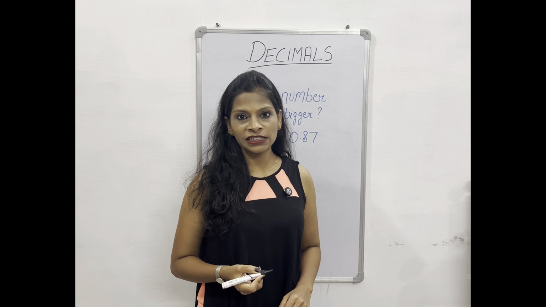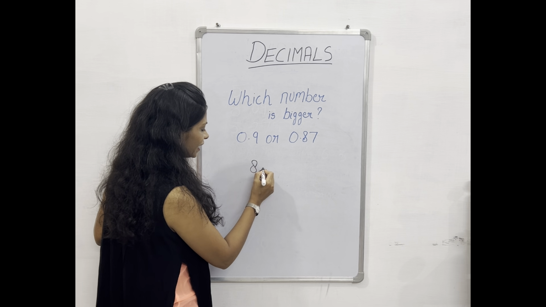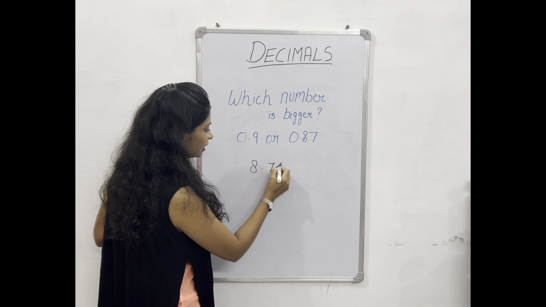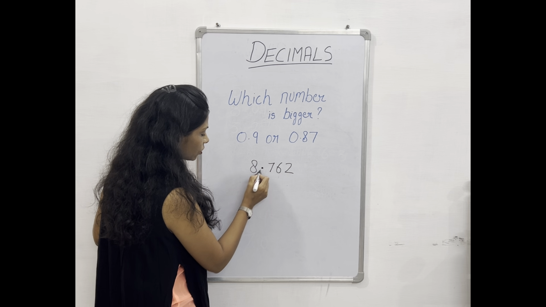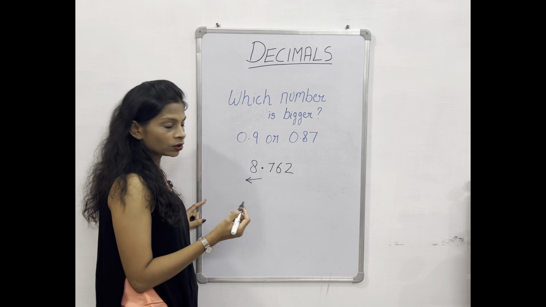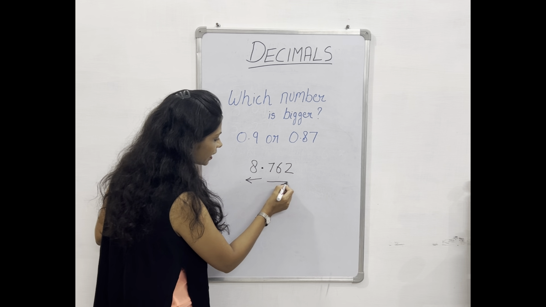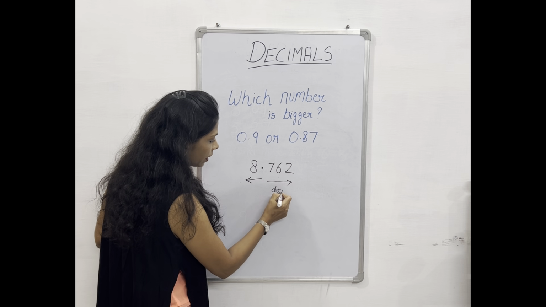When we learned decimals, we learned that if I have a number 8.762, then the digits on the left hand side of the decimal represent the whole number, and the digits on the right hand side represent the decimal part.